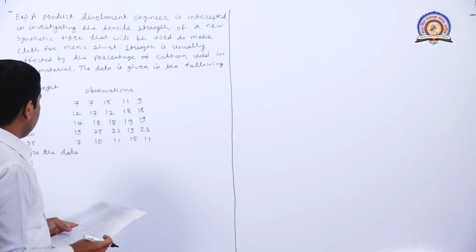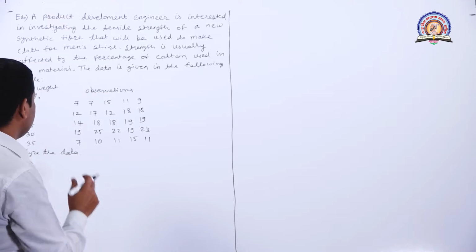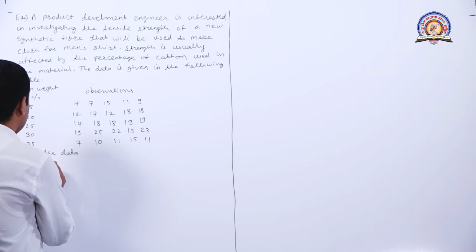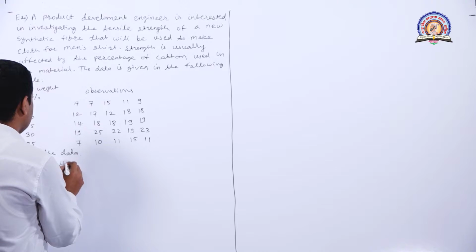To solve this example by using one-way ANOVA, we have to write the hypothesis.